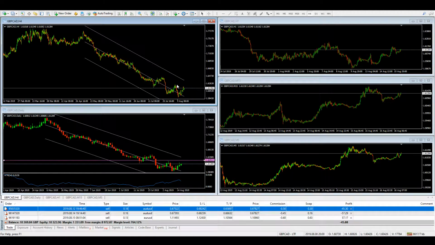So stops above this level. Let's put in an alert so you can see it across the time frames. What effectively needs to start happening on these lower time frames is for these lows to start getting taken out. So I'm going to put an alert on here.